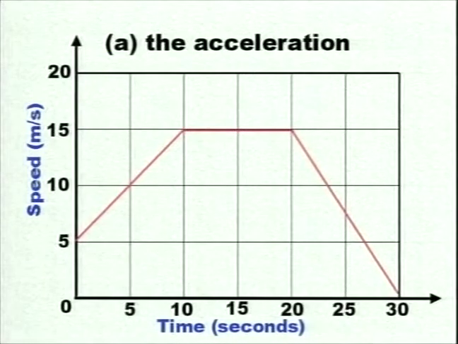Okay, I think you know where to find the answer from the graph. Give us the acceleration then, Gabriel. 1 meter per second per second. Say that again. 1 meter per second squared. It's 10 over 10. It would be the gradient of this line.